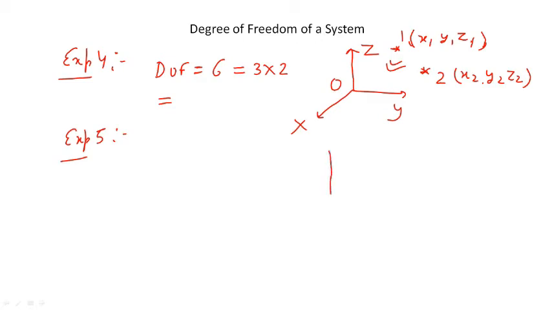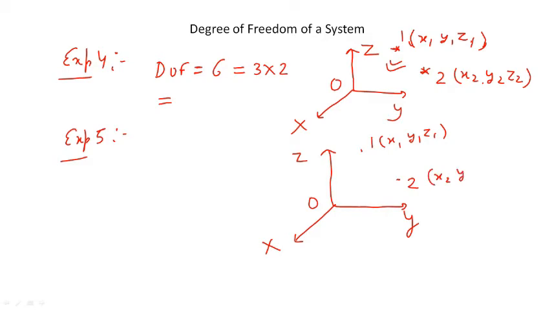But if I take the case that, let us say, this is the origin, and this is your x-axis, y-axis, and z-axis. Now I am saying that this is object 1 and this is object 2. It again has the Cartesian coordinates x1 y1 z1 at an instant, and this has the Cartesian coordinates x2 y2 z2 at an instant.